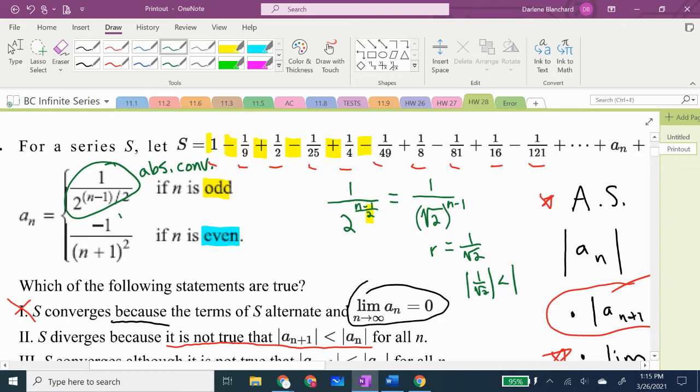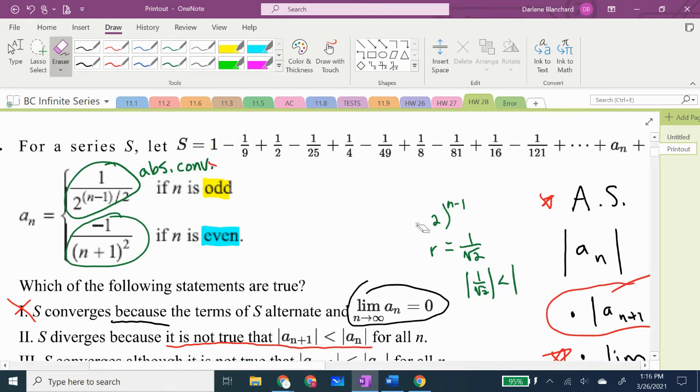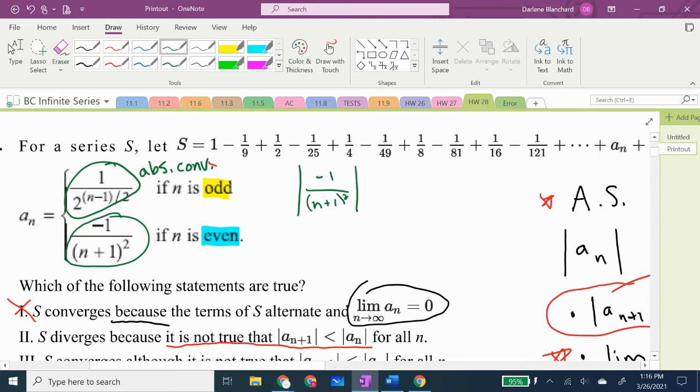Now let's take a look at the next piece. If I absolute value that formula, and I'm going to make some room for saying that, if I absolute value this formula, I get something that I can compare to a p-series.